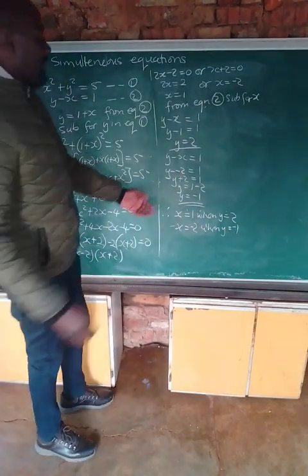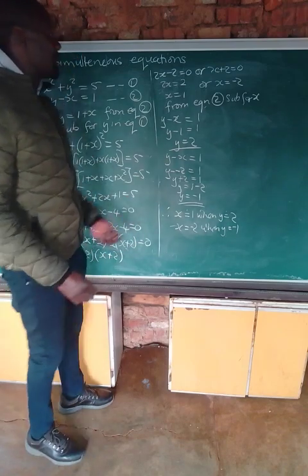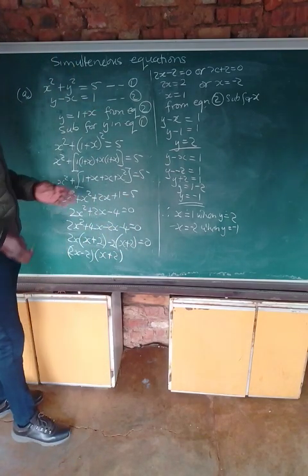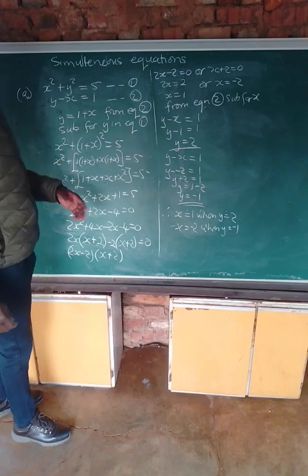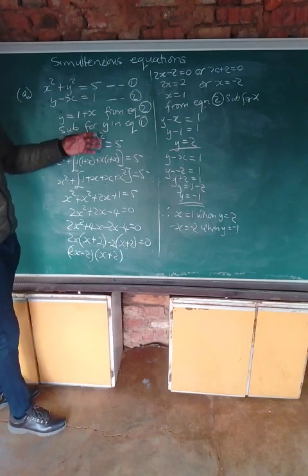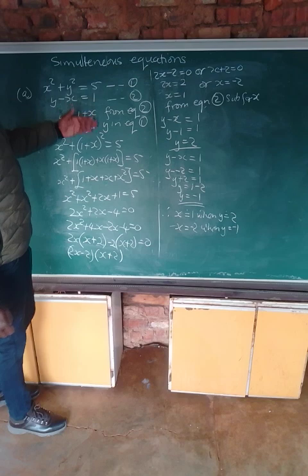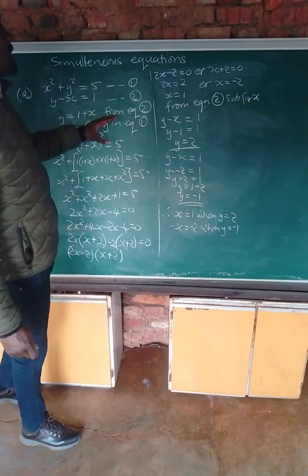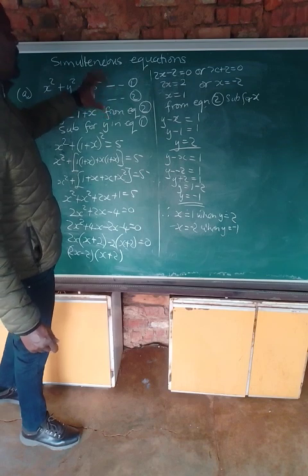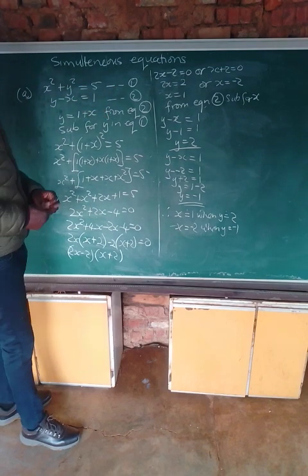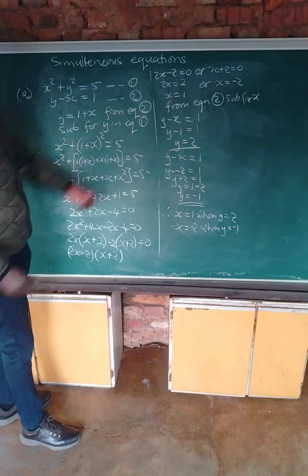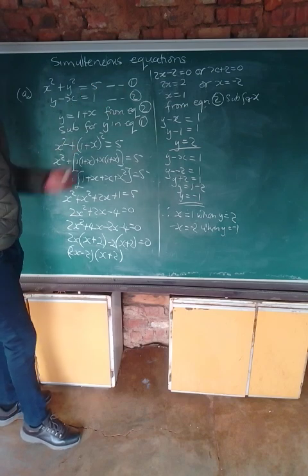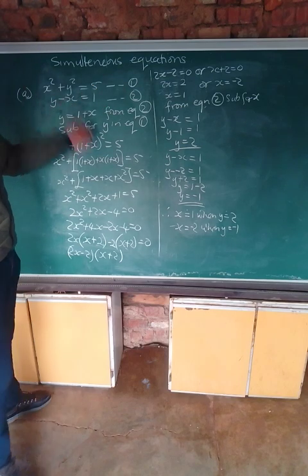So these are the solutions to this simultaneous equation. These ones are a bit complex because you will find quadratic equations in the middle of the working. But otherwise, this is how you go about this kind of situation.